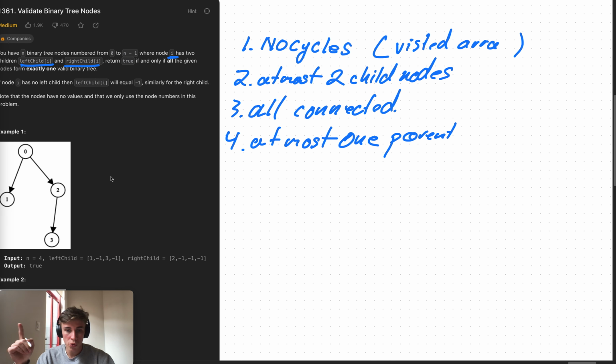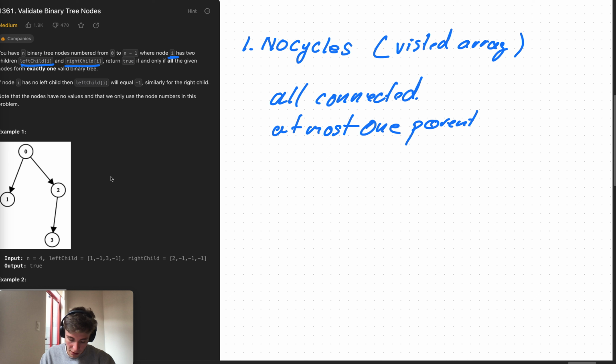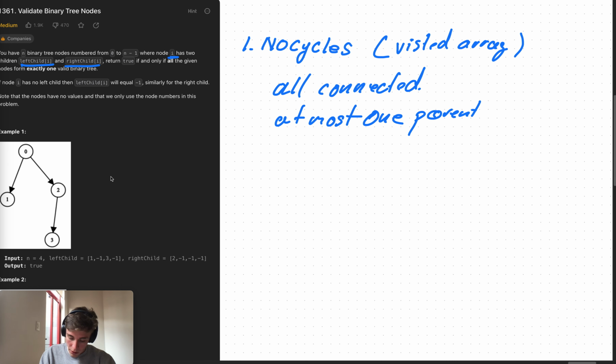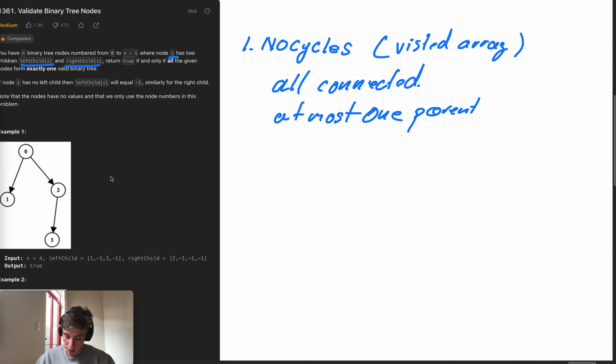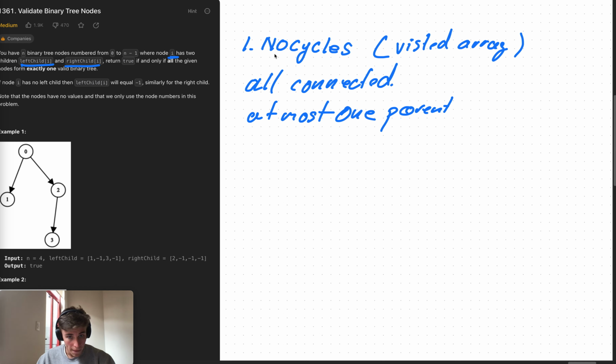At most 2 child nodes: now that I'm thinking about it, this one is completely not needed because we're already guaranteed to have at most 2, since we're only given a left and a right array. So that brings us to just 3 properties that we need to maintain.